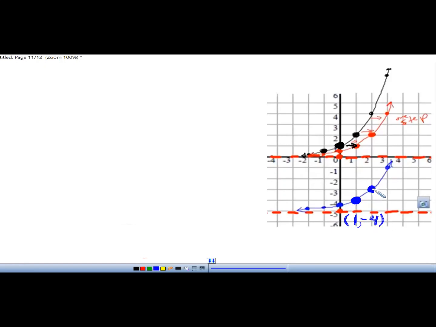And this one right here is 2, -3. 2, -3. Is this true? Yeah. All right. So let's label those, because we're going to need those 2 points to write our function.